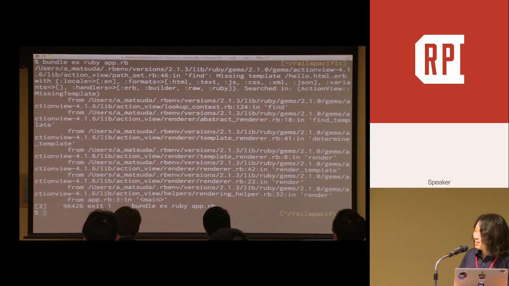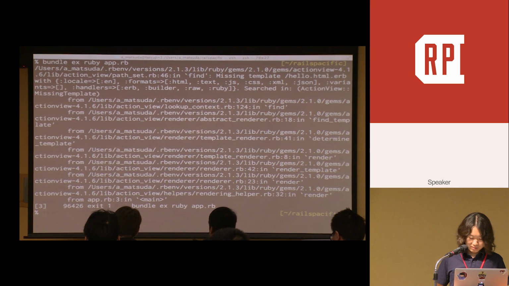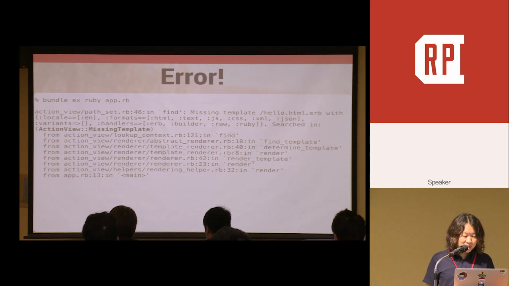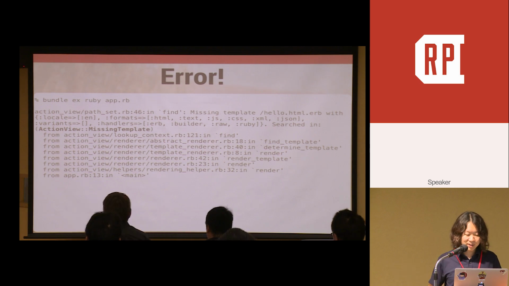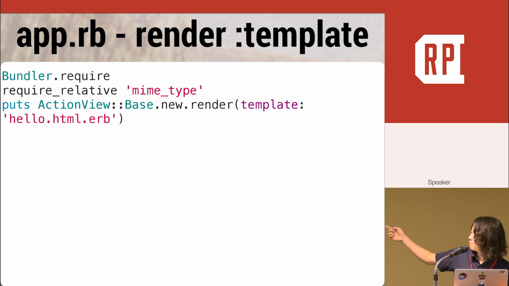Again, something happens. So error again. This time, the error is ActionView missing template, because ActionView doesn't know where to find the template. You should tell ActionView to find the template within this directory.